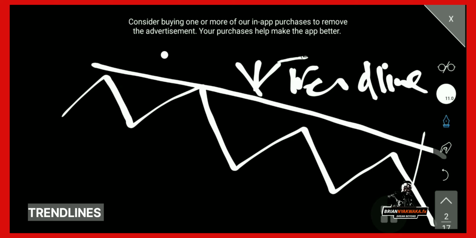So simply, that's how we draw our trend line on a downtrend. When the price breaks above a trend line, that's what we call a break of structure, and then we wait for confirmation that the price is going to be on an uptrend.